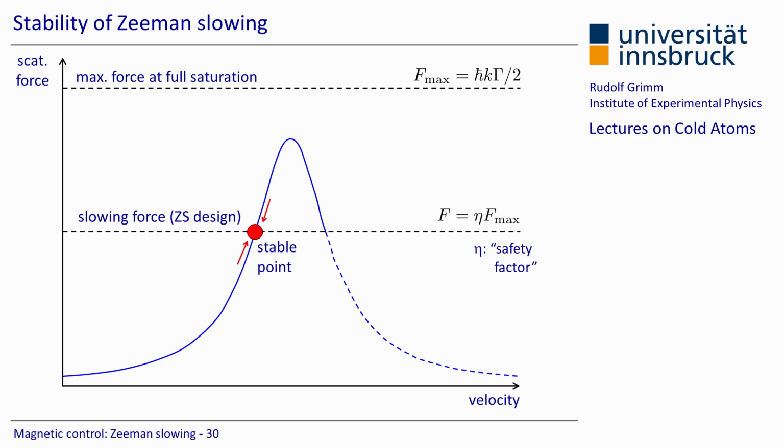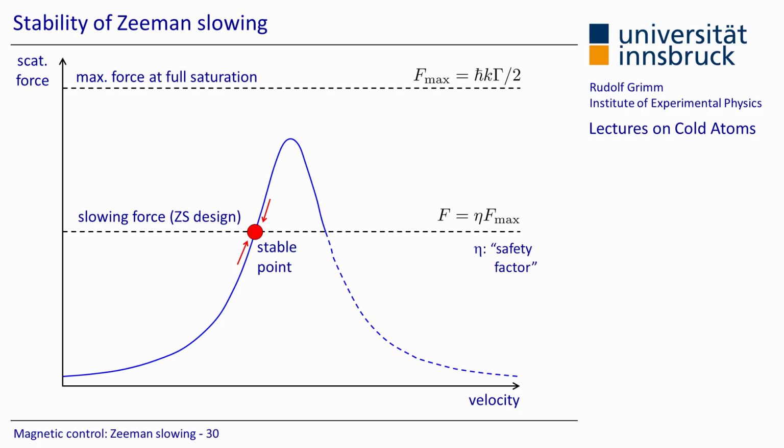But now you see that you have something like a stable point. If you have a velocity which is below the stable velocity, then the slowing effect will be smaller than the design value, and so the atoms will reach the stable point.